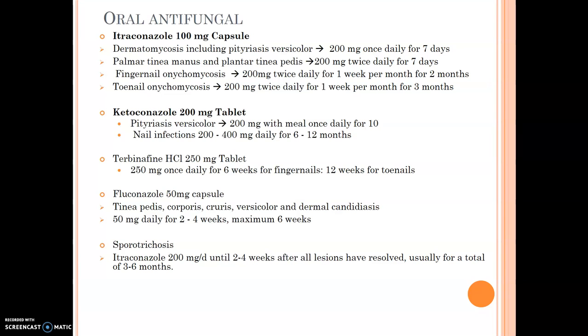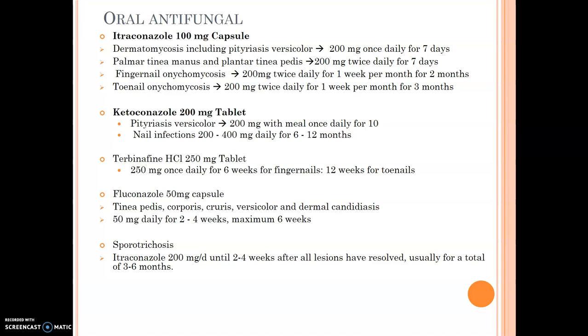You have to look back at the features of fungal infection, and treatment is with antifungal, usually an azole group. If the fungal infection is not severe, not widespread, just a local infection, you may use topical antifungal cream.